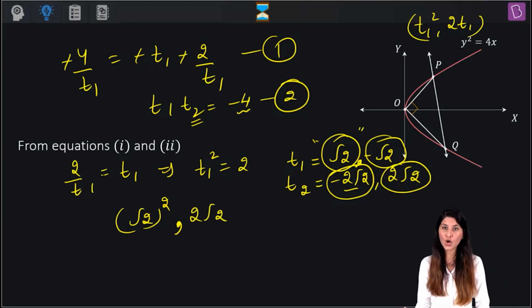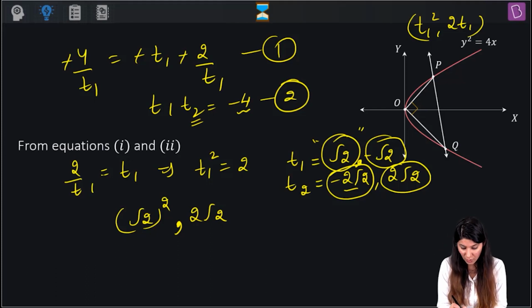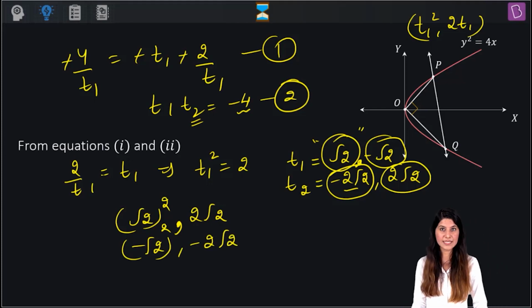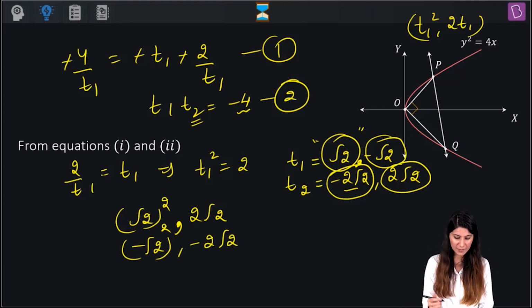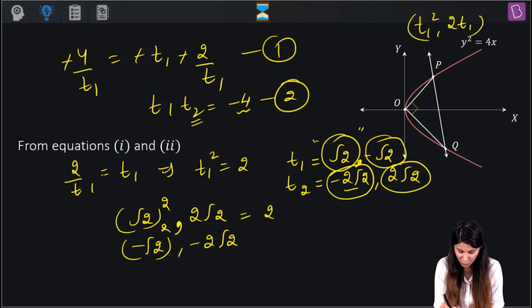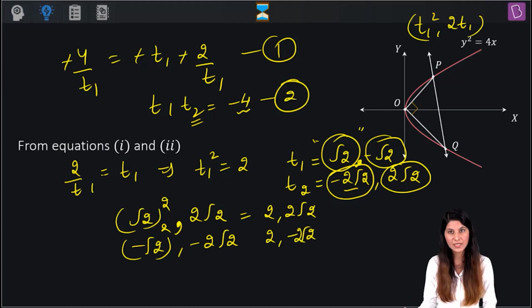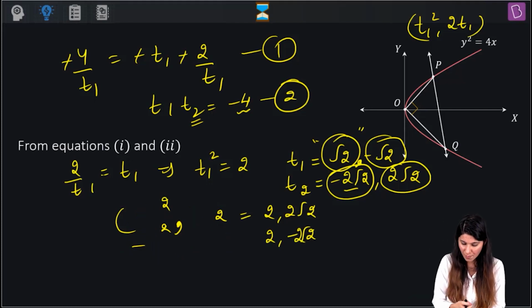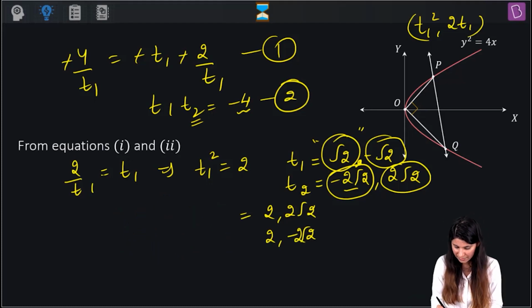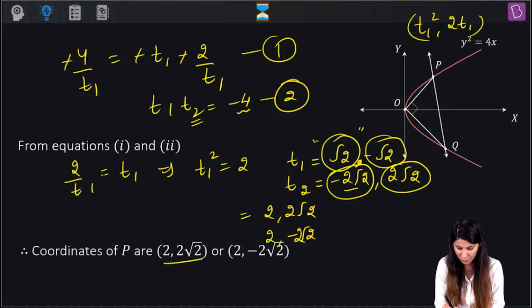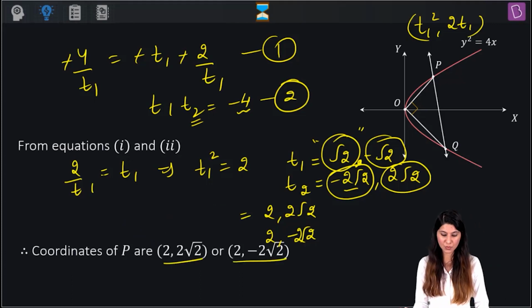So 2 comma 2 root 2 will be one of the points P. And P can also be minus root 2 square comma minus 2 root 2. So P is either 2 comma 2 root 2 or 2 comma minus 2 root 2.